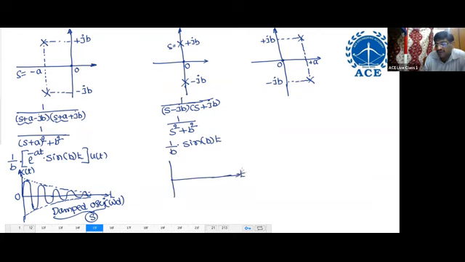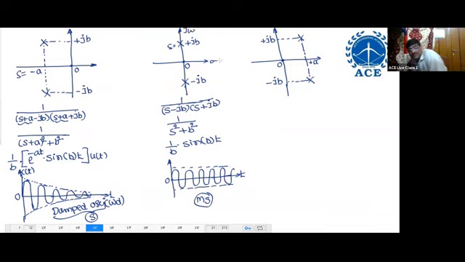What will I get? Sinusoidal oscillations. The system is marginally stable: non-repeated poles on the j omega axis, so the system is marginally stable.